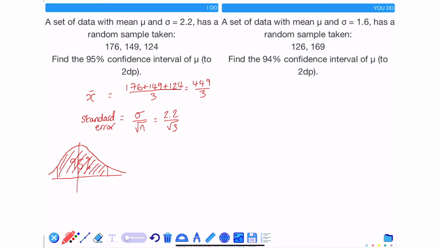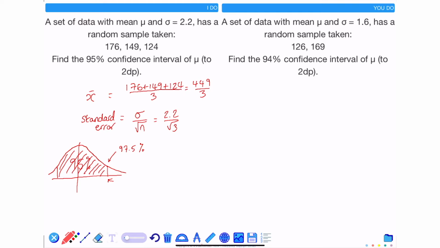This would contain 95% of the data. So you'll notice that this point ignored the top 2.5%. This means the area under the curve up to this point would be 97.5% of the information. Our goal is to work out what the Z value is at this particular point.